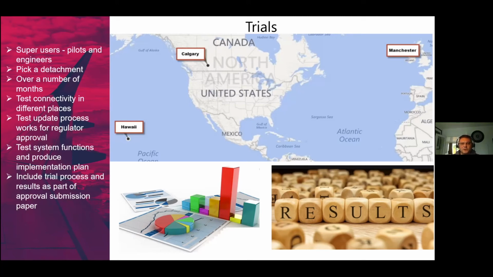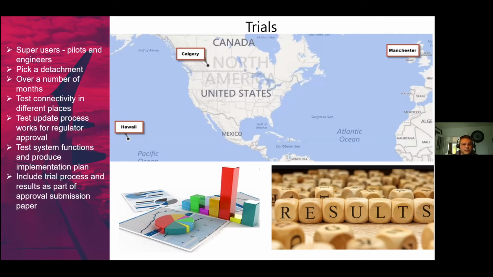So paper was still on board the aircraft, but the devices were fitted as viewable stowage, as well as backups with pilot issue as well. So there was lots of technology on board those aircraft, and that could then be used as a trial to test connectivity, of course, in different places in different parts of the world. We could test how the update process worked. We could test any system functions and produce implementation plans of how we're going to roll it out across the fleet.